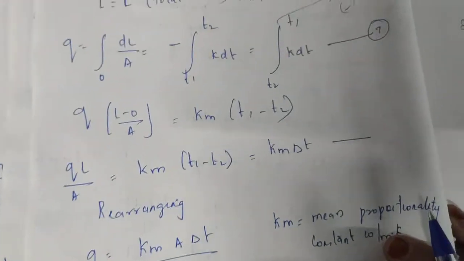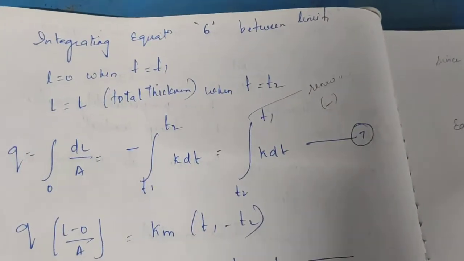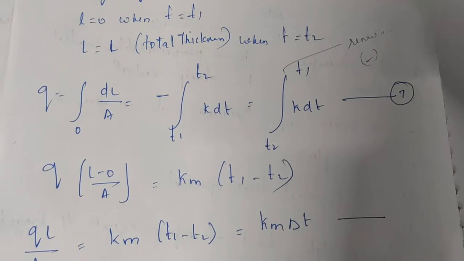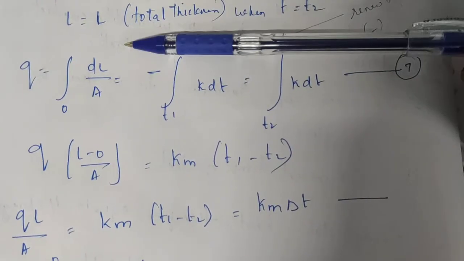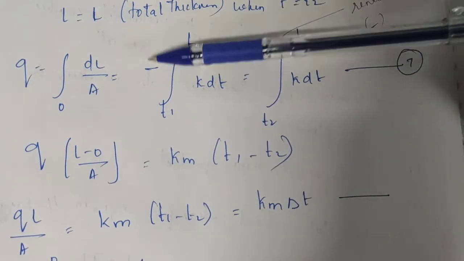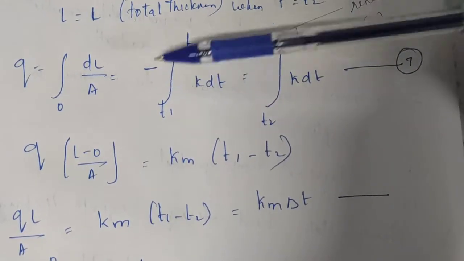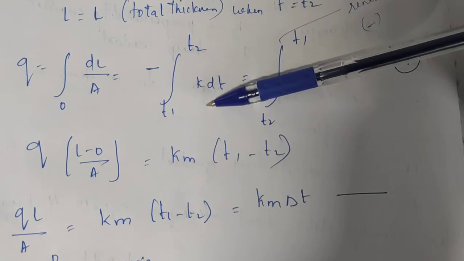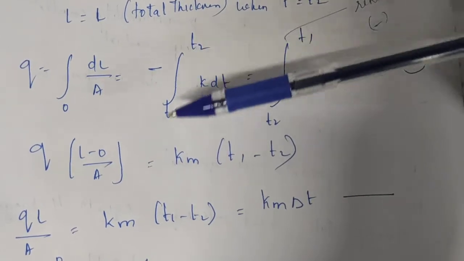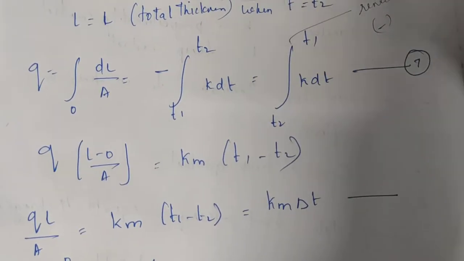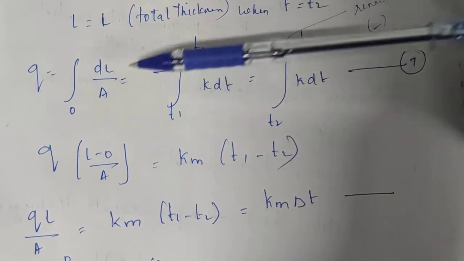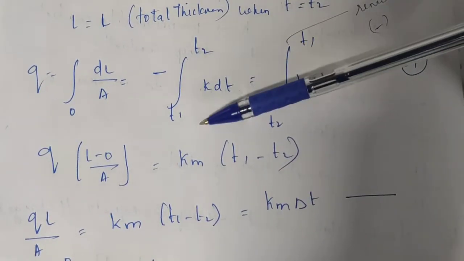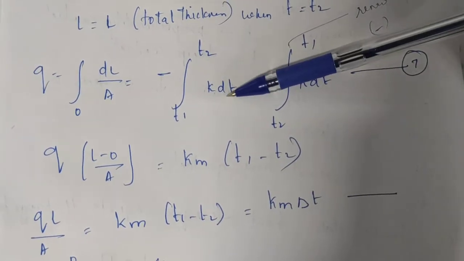When we integrate equation number 6, we get Q times the integration of dL by A is equal to the integration from T1 to T2 of minus k dT. So we get the integration of dL by A at the limit 0 to L, and the limits T1 and T2 for minus k dT.